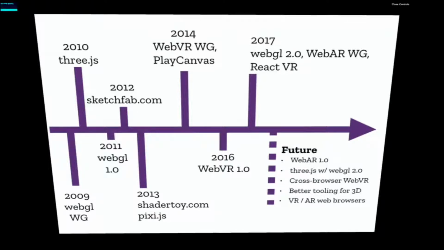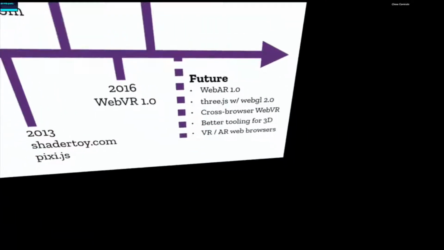That's a lonely year. Nothing happened, it was a bad year for that. So this year we got WebGL 2.0 in Firefox earlier, in February and so on. The WebAR working group started working on AR because VR was completed, and other cool projects like React VR got started.